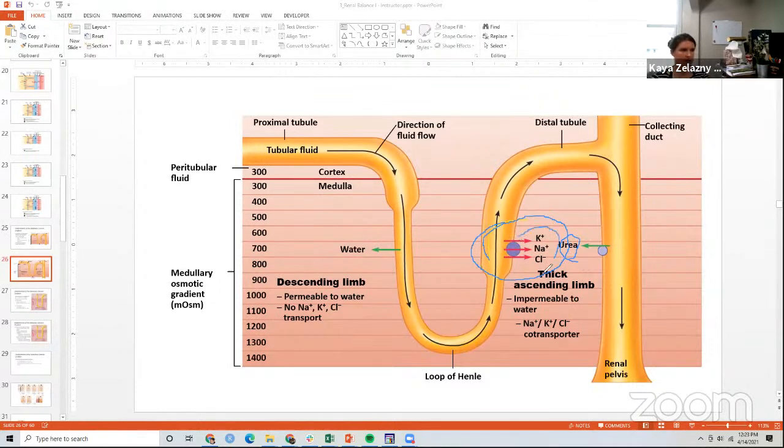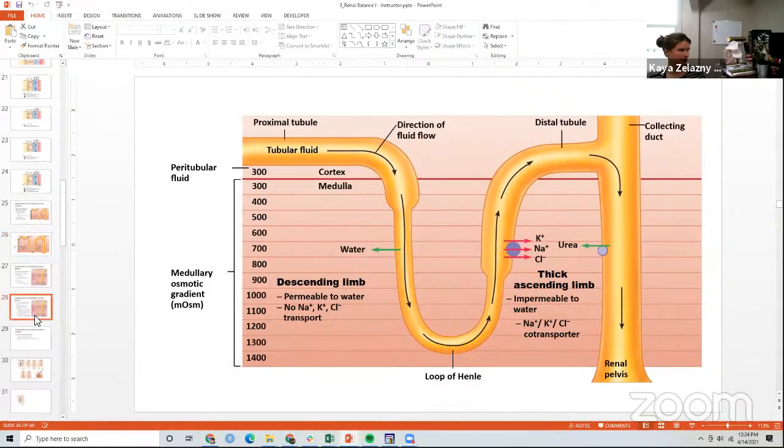So when we put all these ions and urea into the medulla, we're basically making it salty, making this pull on water, and this pull increases as you go deeper into the medulla. This is going to have an effect on any water that has aquaporins available to it in the collecting duct. And it's going to have an effect on the water flowing through the descending limb, which is the first part of the loop of Henle, so it's going to be drawn towards the salty medulla as well. So that's our conceptual idea of what's happening here.